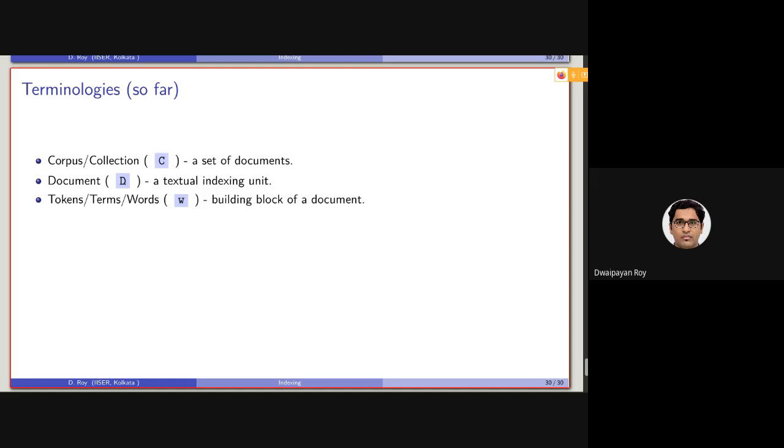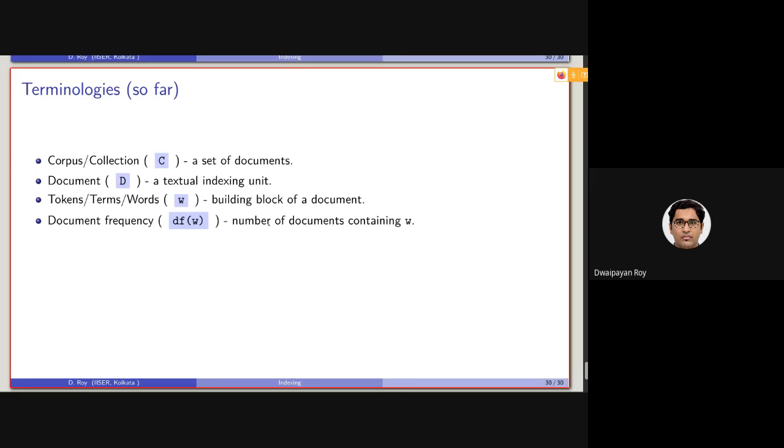And each of these documents consists of multiple terms. So each Di is basically a set of T: T1, T2. Note that we will be referring to the same concept as tokens, terms, words interchangeably in this course. And while referring to them mathematically, we will be using the notation W.